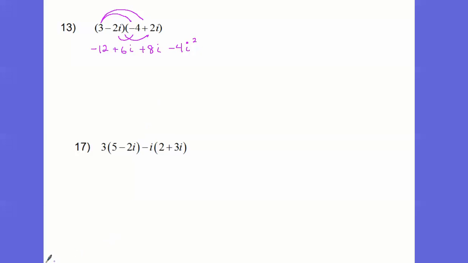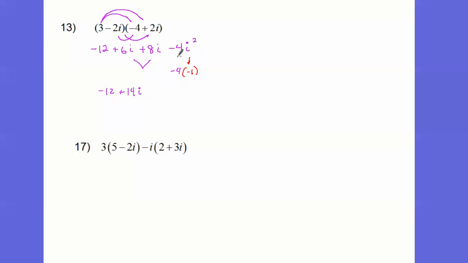So, several things to recall. First, here I see i squared. This is going to become negative 1, which is going to multiply with the negative 4. Secondly, these two like terms need to be combined. So, the total process is going to produce for us negative 12 in the front. 6i plus 8i will give us 14i.